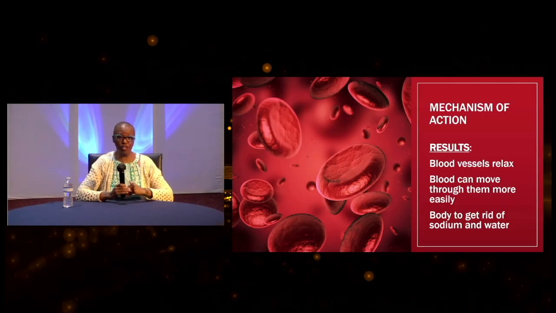So the blood is going to move through easier through the vessels. But you're also going to be getting rid of sodium and water. So it's a little bit of a combination, and what we're trying to do is get you to the point where it's easier for the heart to work, but we're having to change some of the physiology of the body.